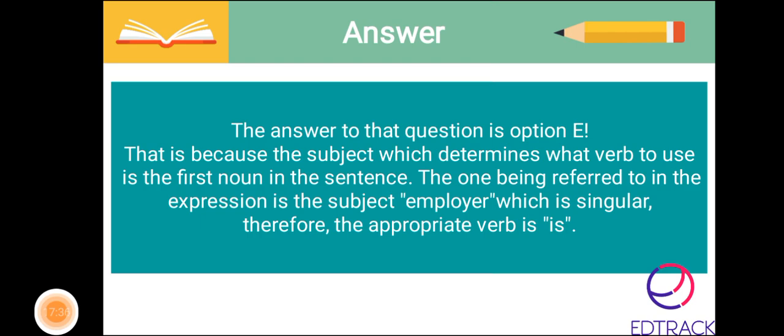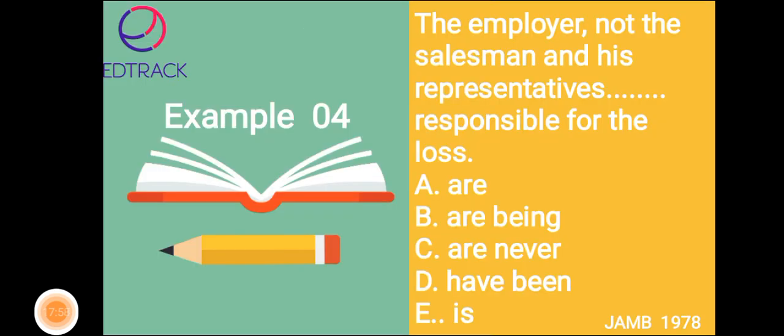That is because the subject which determines what verb to use is the first noun in the sentence. So the one being referred to in the expression is the subject employer, which is singular. Therefore, the appropriate verb that will fill into that gap is the verb is. So the expression will be the employer, not the salesman and his representatives, is responsible.